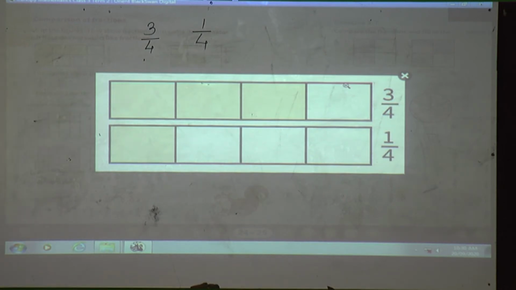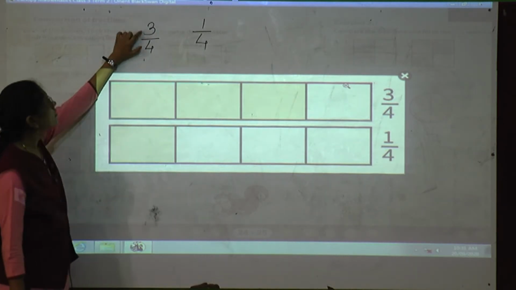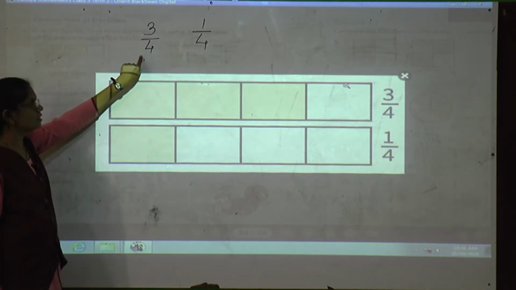Now see carefully, in 3 by 4 and 1 by 4. In this fraction 3 is the numerator and 4 is the denominator.